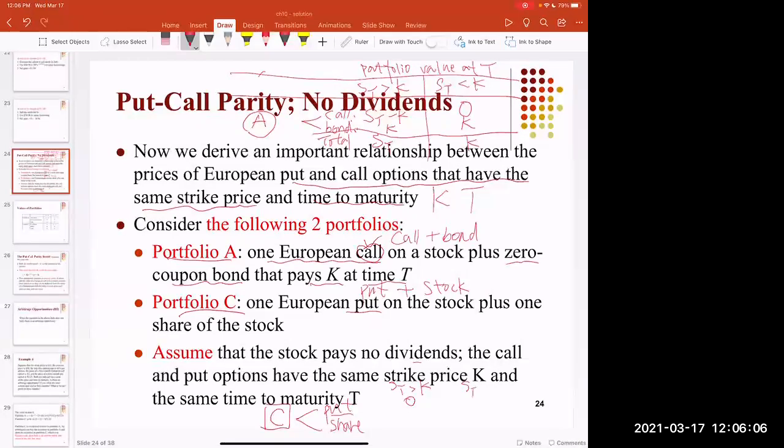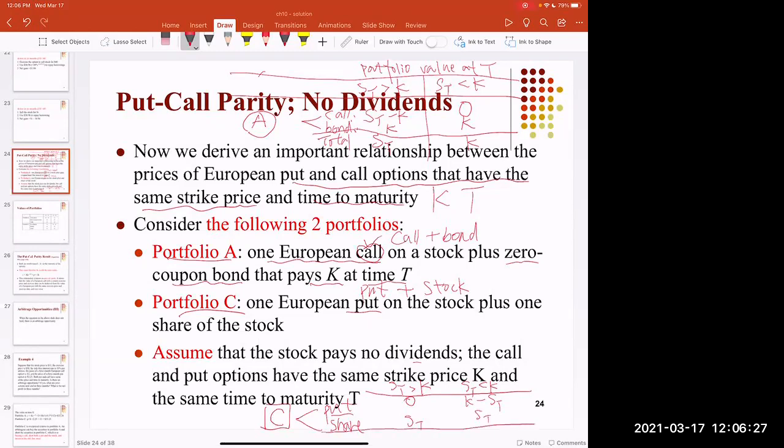But in the other case, if ST is less than K, yes, you're going to exercise. To calculate that, we do K minus ST, the payoff for the put option. And the share is worth ST in both cases, which is the stock price at the expiration day.